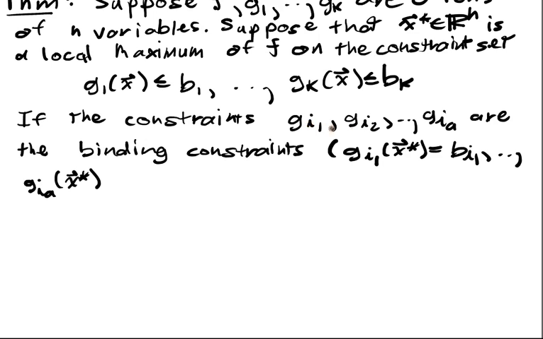Right, so these i1, i2, ia are just sub-indices from this set. So I'm just picking an arbitrary collection of things to bind.